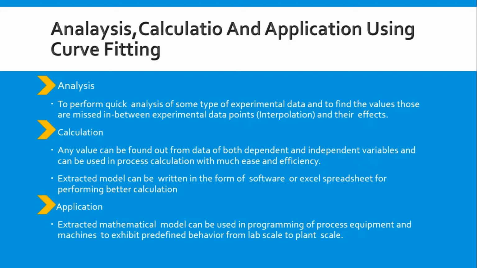Here some of them are given. One of them is analysis, to perform quick analysis of experimental data and to find values in between experimental data points by interpolation and calculation. Any value can be found from data of both dependent and independent variables and can be used in process calculation with much ease and efficiency.